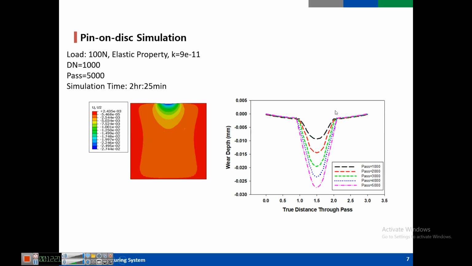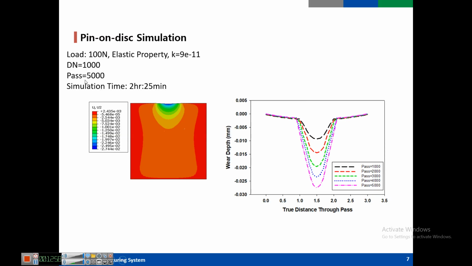First, I consider this simulation with delta N 1000 and perform simulation for different passes. Pass 1 means 1000, pass 2 means 2000, pass 3 means 3000, 4000, 5000, because I use delta N 1000.